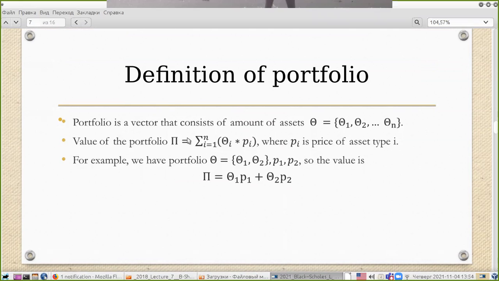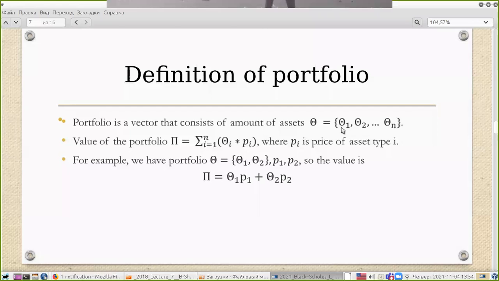A portfolio is a vector that consists of amounts of assets. In common cases, it is this vector theta 1, theta 2, ..., theta n, where theta 1 is an amount.